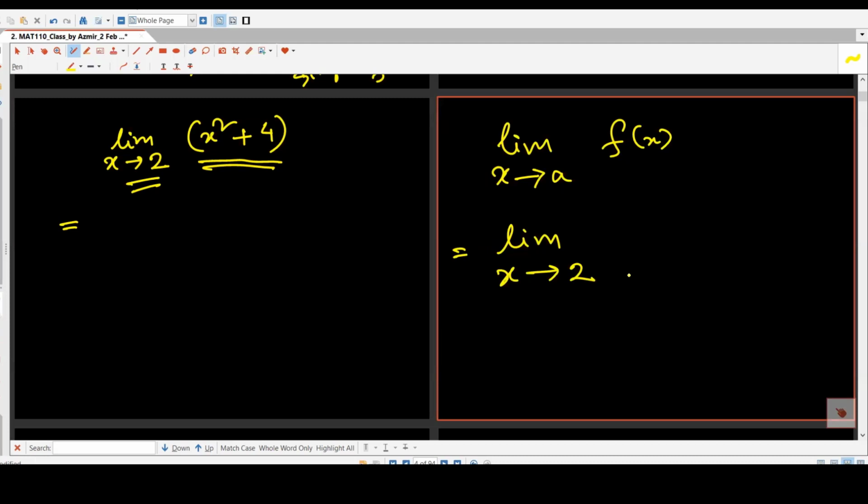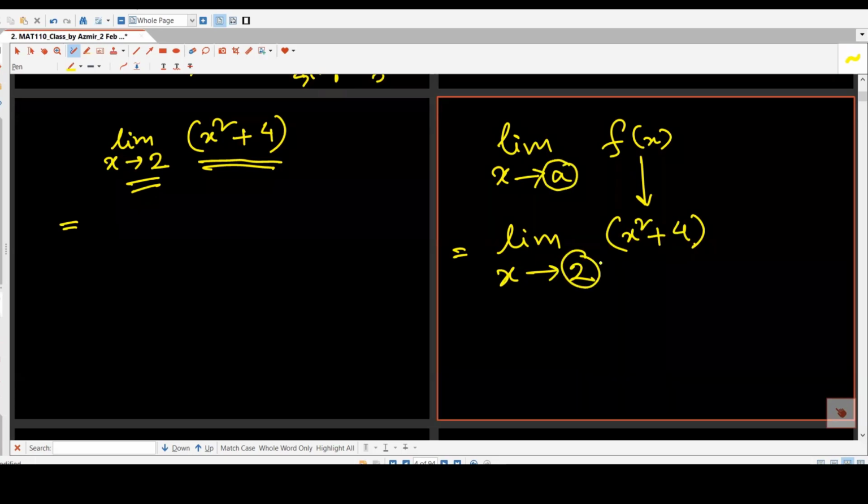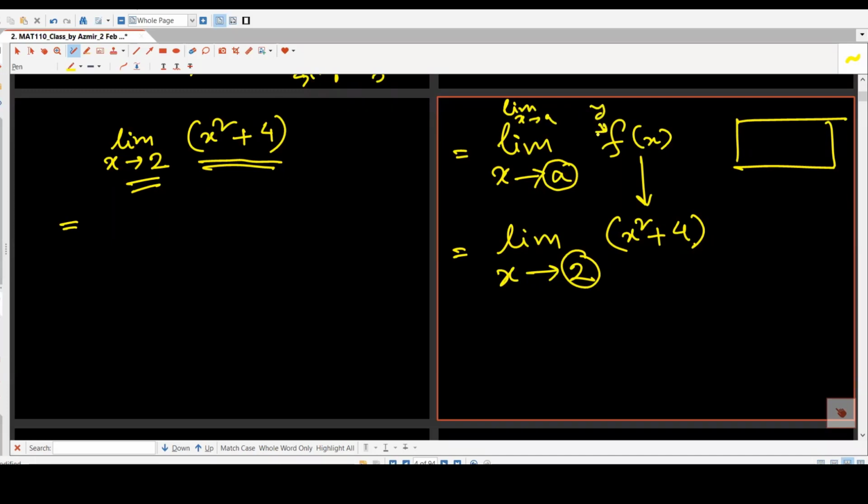In the place of f of x, we have x squared plus 4, and the value of a is given as 2. We know that f of x can also be thought of as y, because y equals f of x.